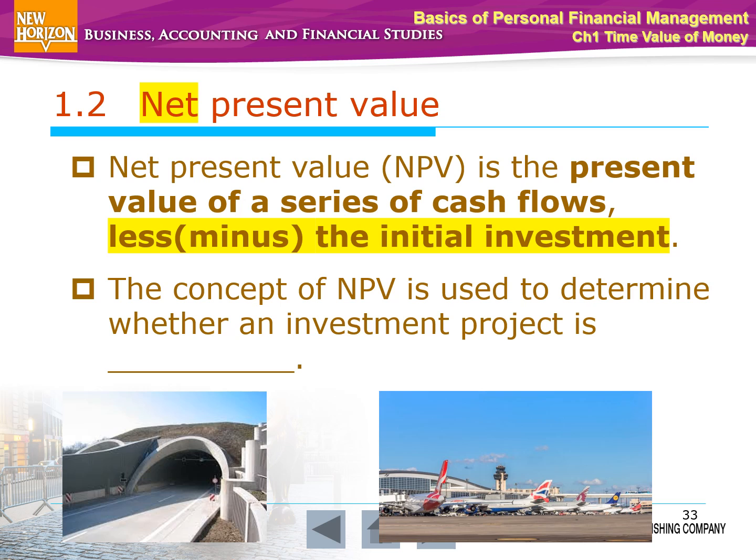Net means less or minus the initial investment. Look at the definition of net present value, or we call it NPV. NPV is the present value of a series of cash flows, less or minus the initial investment. Initial means at the beginning. The concept of NPV is used to determine whether the investment project is acceptable.